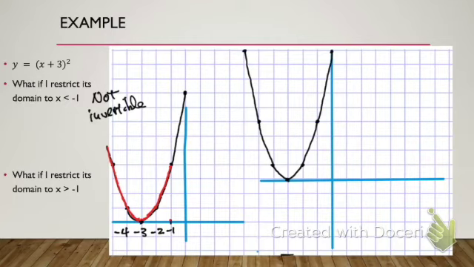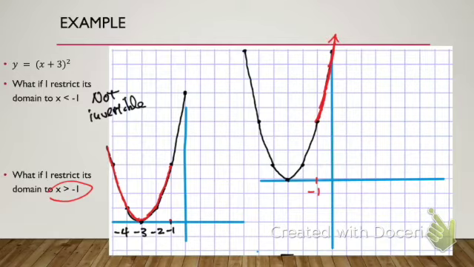Now what if I restrict the domain differently? If I say the domain is now restricted to x greater than negative 1. So my negative 1 is right here. x greater than negative 1 means I'm only interested in this portion of the parabola, and then it goes to infinity.